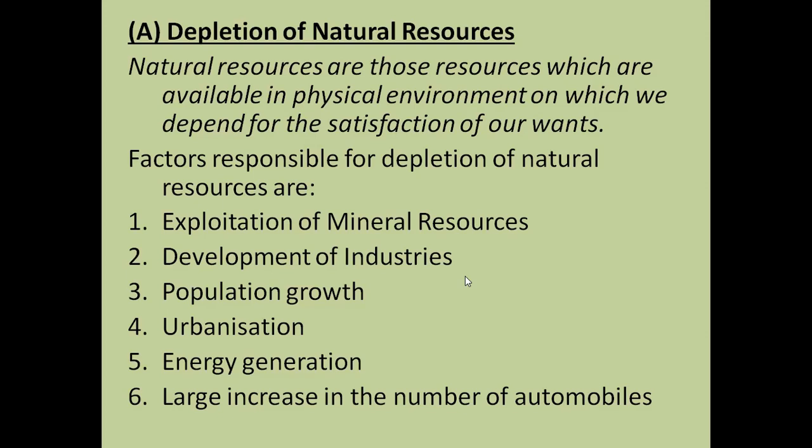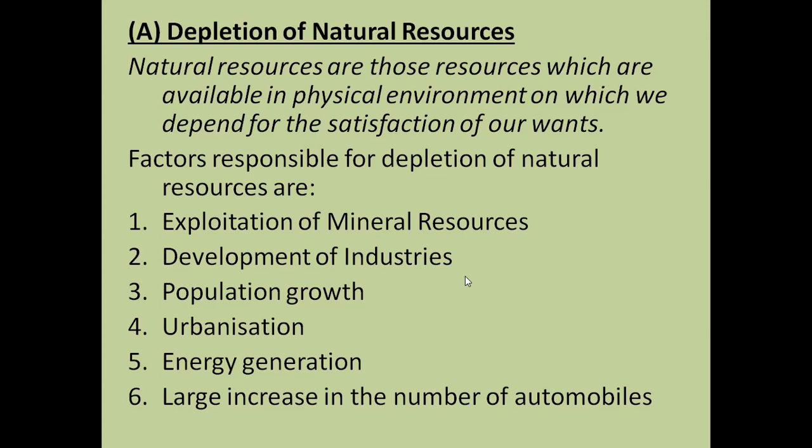Because the industrialists think of customers as the source of their income. The more the people, the more the demand in the market; the more the demand, the more the supply; and the more the supply means the more the income.